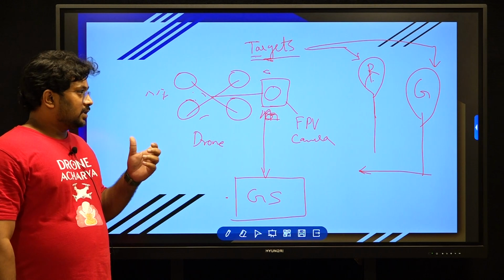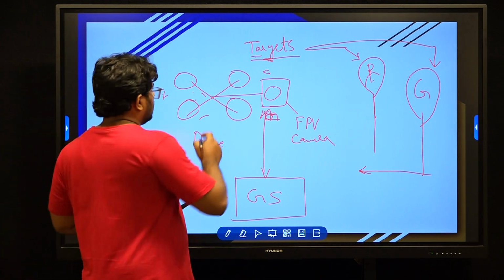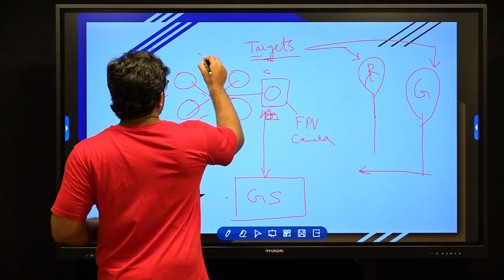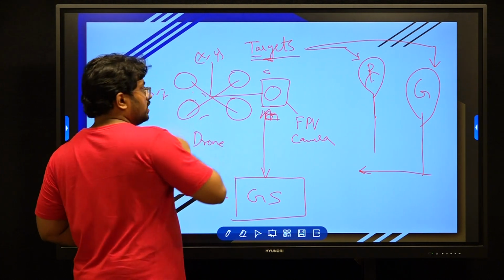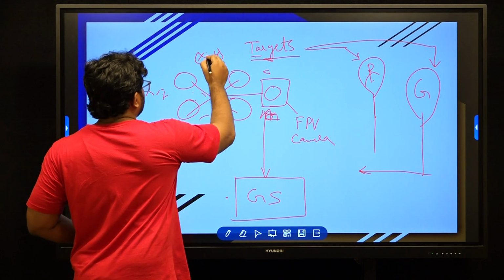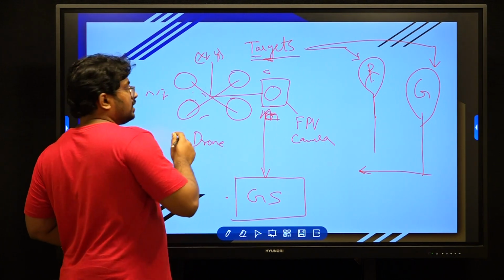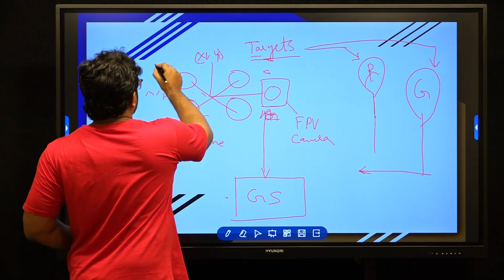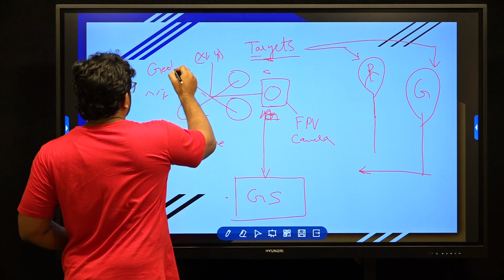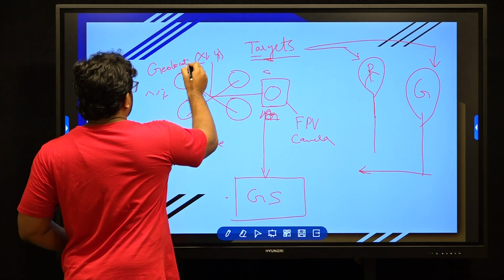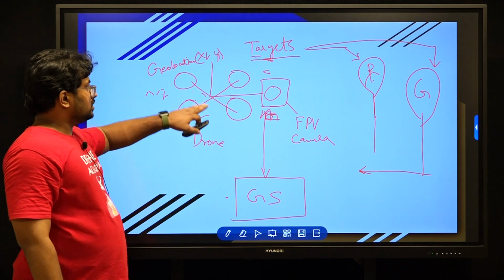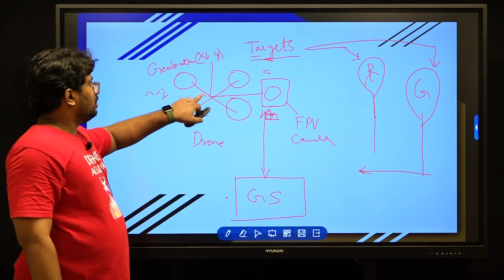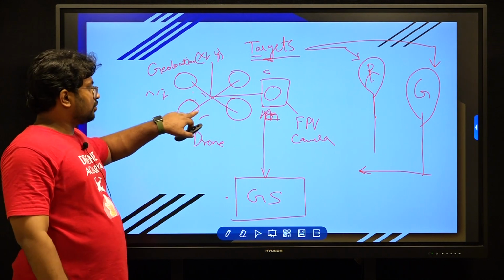the geolocation. Imagine there is an x and y coordinate. Our drone is at x1 and y1 coordinate, which is called a geolocation. This geolocation will be changing whenever there is a change in position.